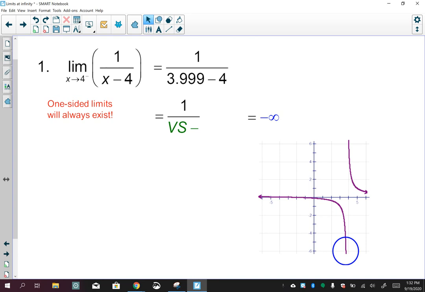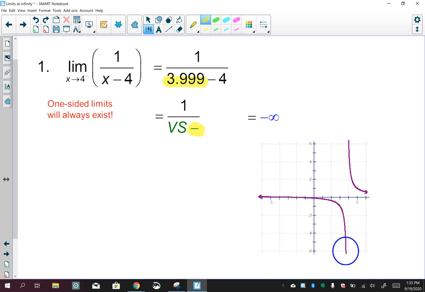You know it's going to negative infinity because of this piece here. This 3.999 is smaller than that 4, so this is going to be a very small negative number. I don't care what the number is, to be completely honest with you. I'm more concerned about the sign, because my top is going to stay whatever it is. It's the bottom piece that I have to worry about.